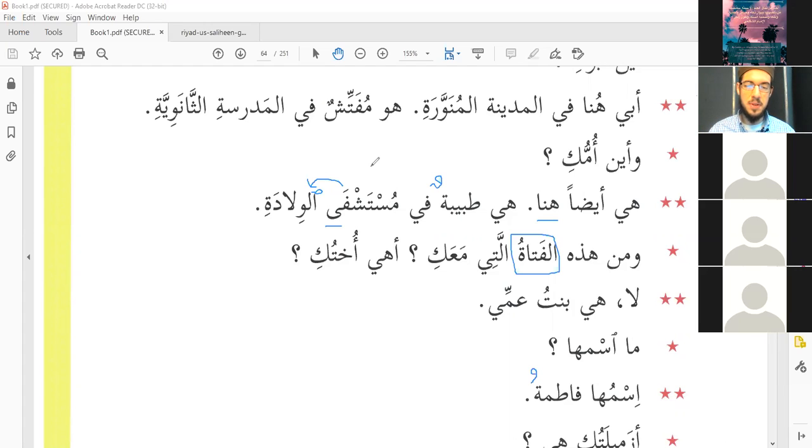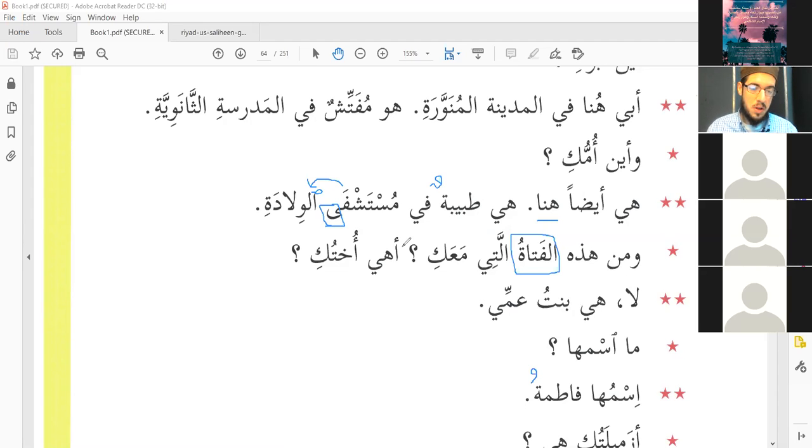Remember our principles when it comes to mudaf ilayh. The first word, the mudaf, the thing that is possessed, it can be anything. It can be dhamma, it can be kasra, it can be fatha. It all depends on where it is in the sentence, right? The second part that complicates things is that this word is mustashfa with an alif, which makes it mabni, so you can't really even tell.